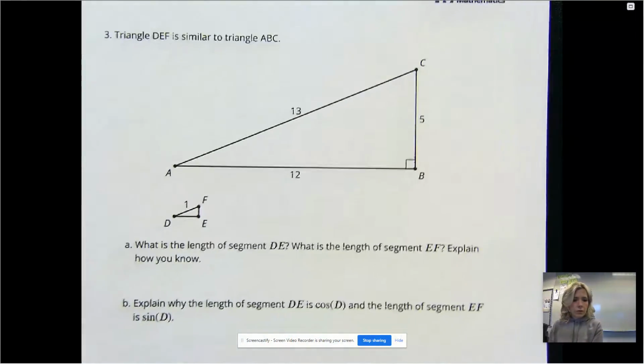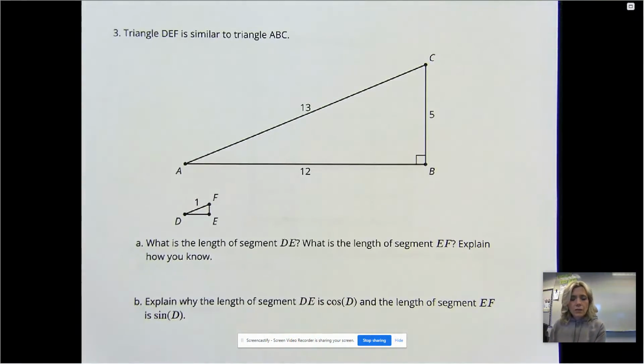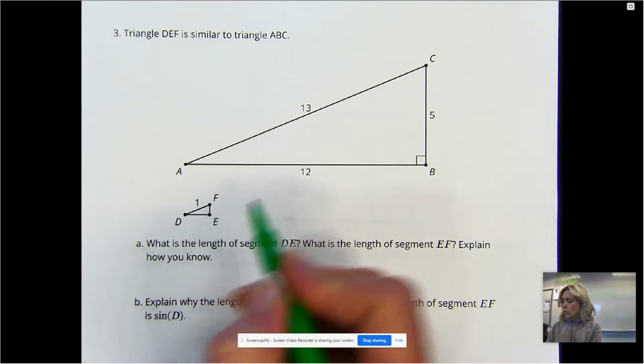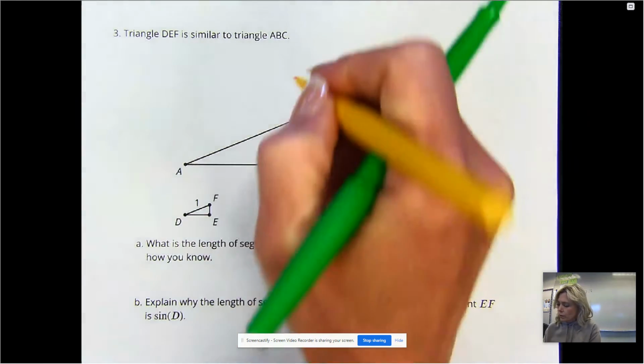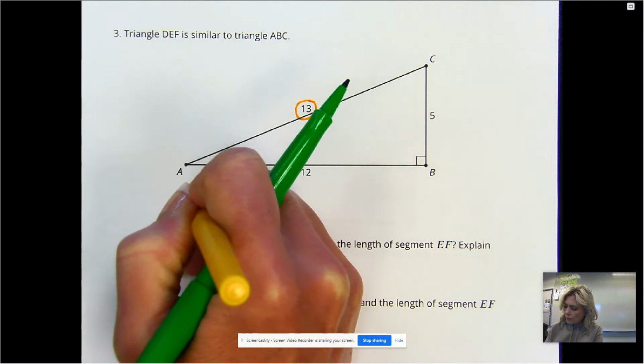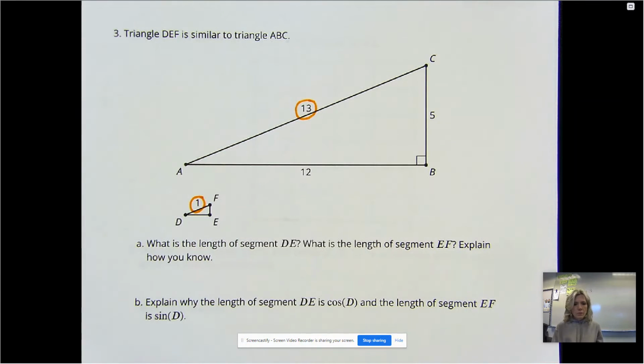Okay, number 3. These triangles are similar. So since they're similar triangles, I know that each segment or side on this triangle is going to be 1/13 of the larger triangle because the hypotenuse is 13 in that triangle and 1 in this triangle. So we actually use the same exact size triangle in class today.